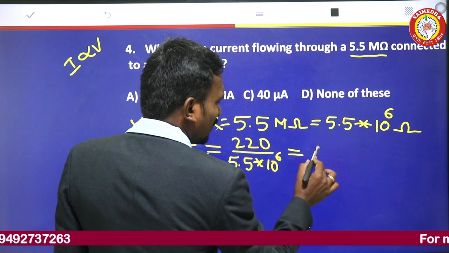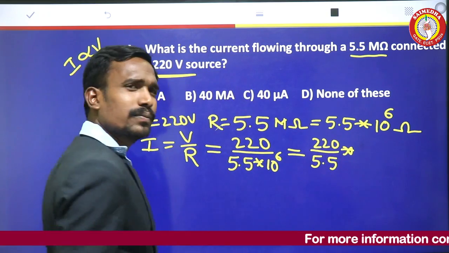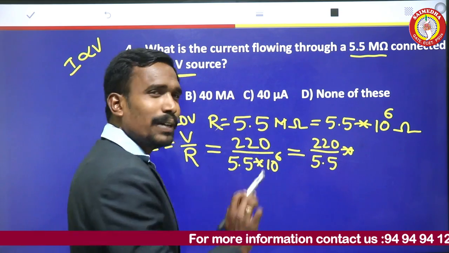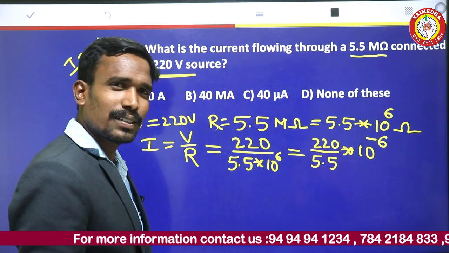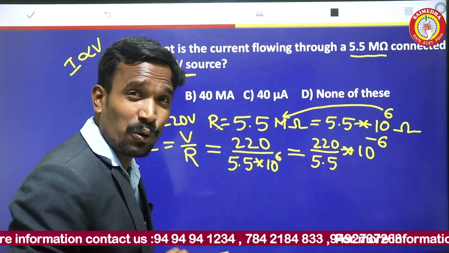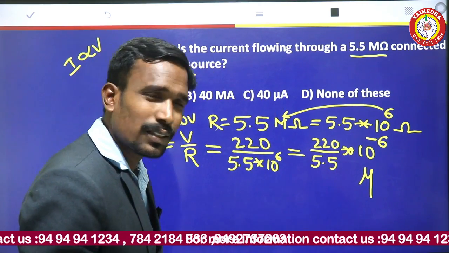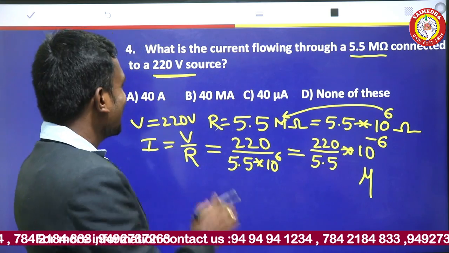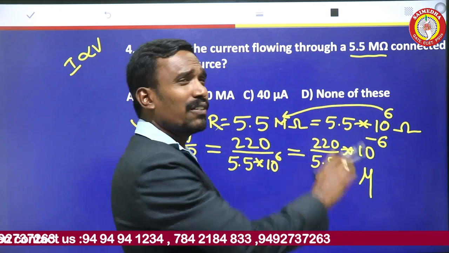Very simple, sir. 220 by 5.5 into 1 by 10 to the power of 6. If you take this into the numerator, its value is 10 to the power of minus 6. If it is 10 to the power of 6, it is called mega ohms. If it is 10 to the power of minus 6, it is called micro. So the answer should be in micro. This is amperes, this is mega amperes, this is microamperes, none of the above.